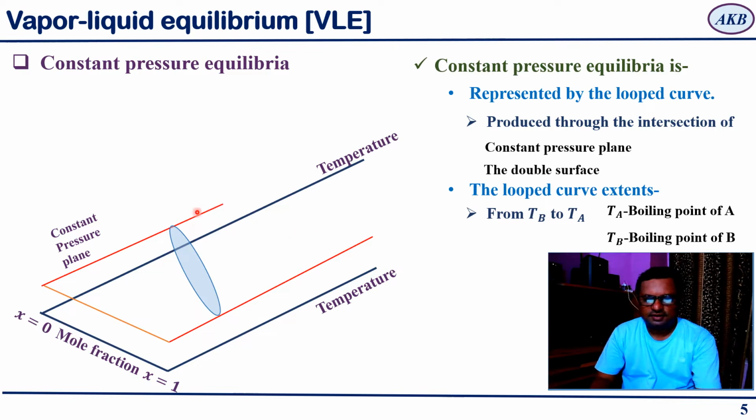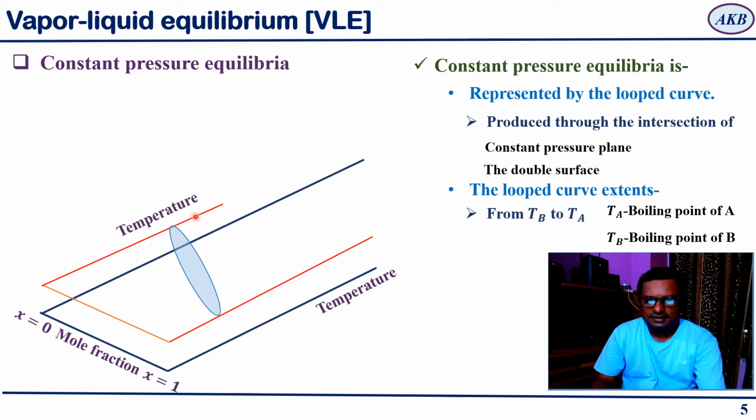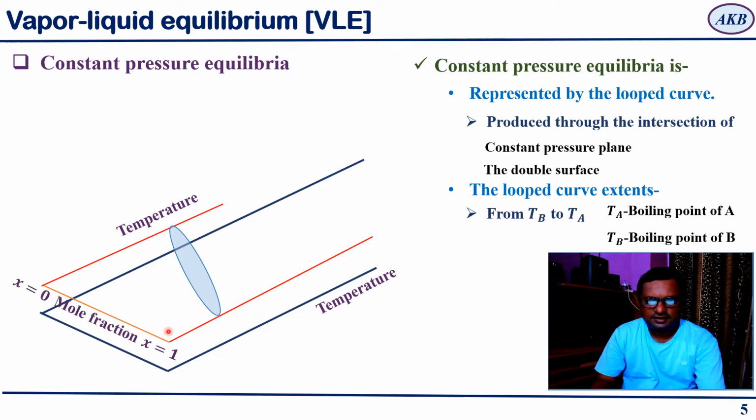Now you can see you have a constant pressure plane, and now you are seeing the curve that is obtained through the intersection of this constant pressure plane with the double surface. Now we will have the temperature axis over here, then the composition axis over here, and then again the temperature axis over here. The loop curve is now seen on a two-dimensional plot.